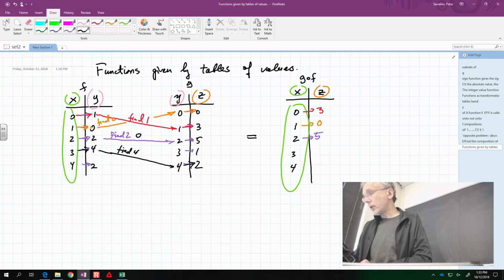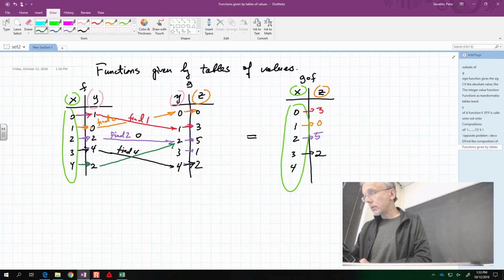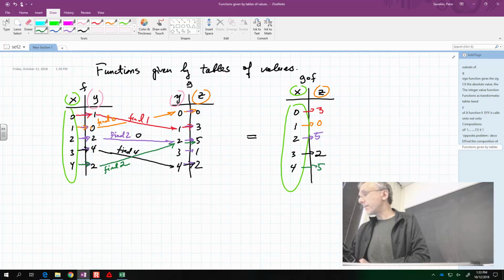And 4 goes to 2, so the beginning and the end matter, whatever that 4 in the middle doesn't matter anymore. 3 goes to 2. Okay, one more. 4 goes to 2. I find the 2 over here. And so then the answer is 5. Okay?